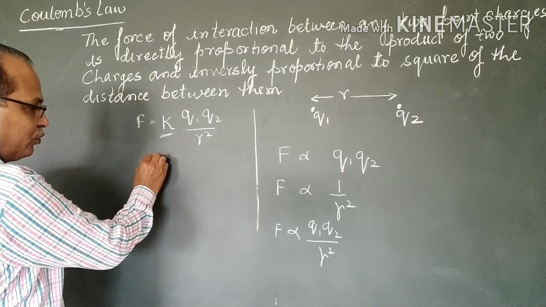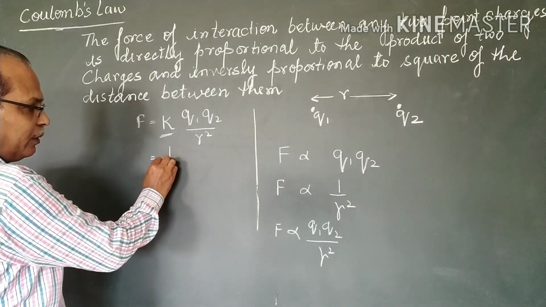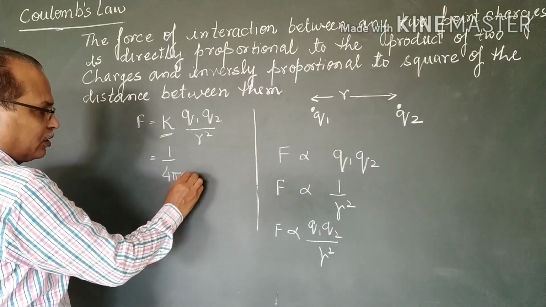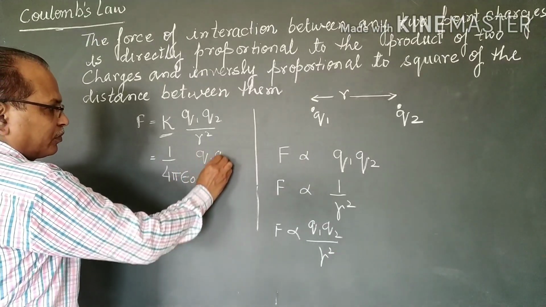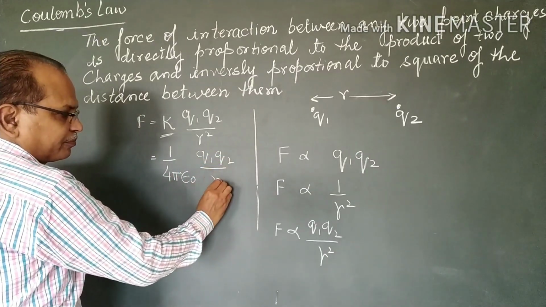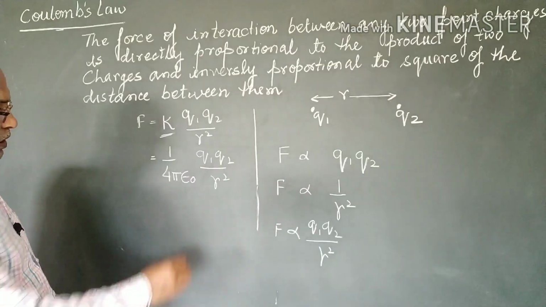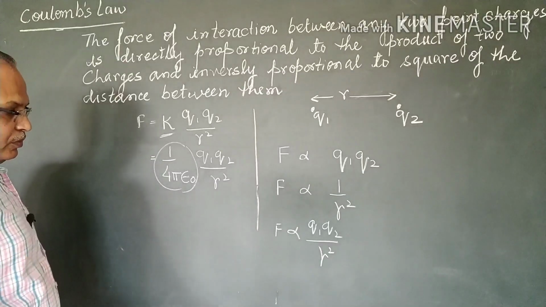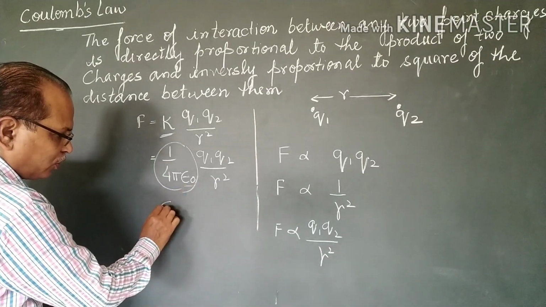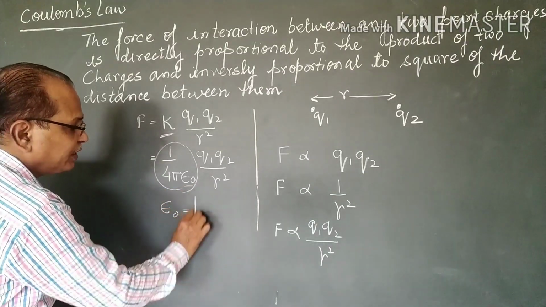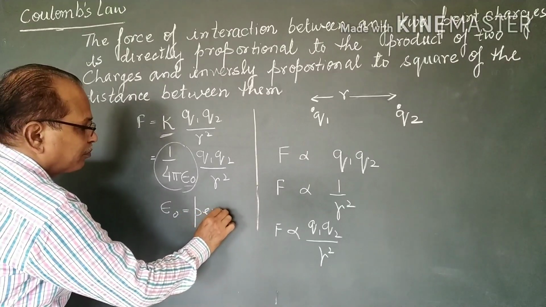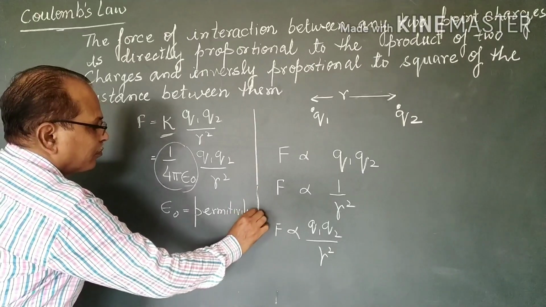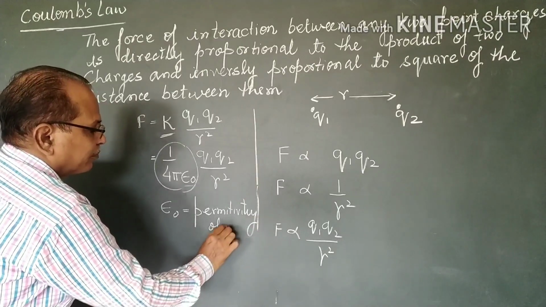Now the value of K will be 1 upon 4 pi epsilon naught. This is the value of K. Now epsilon naught is called the permittivity of the medium.